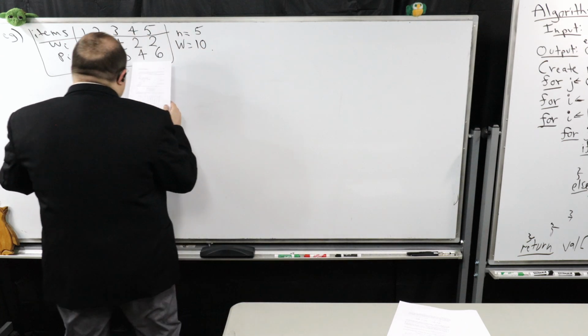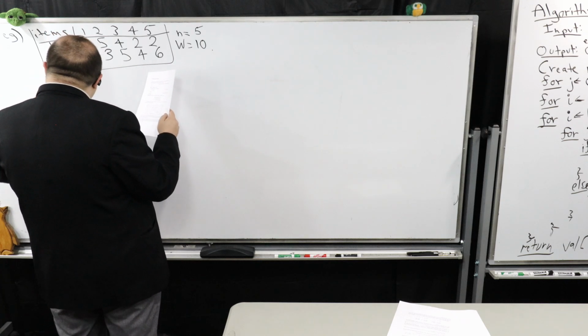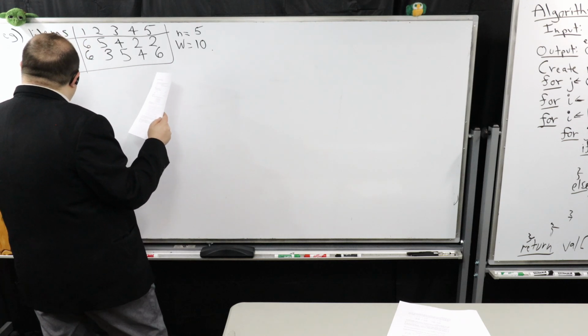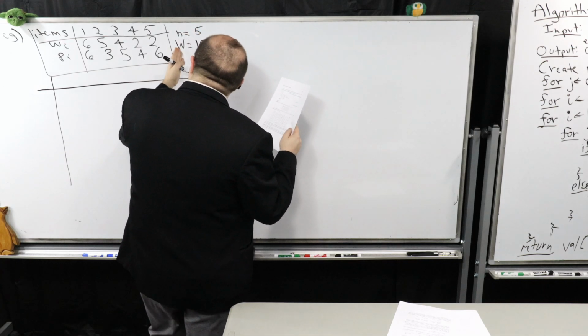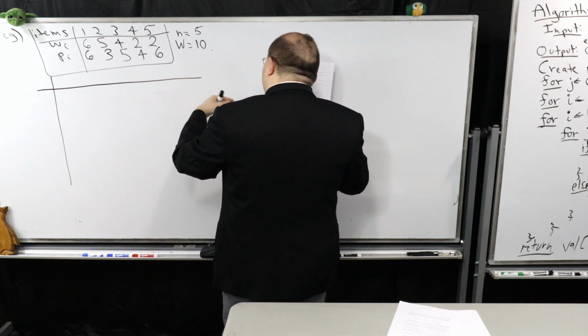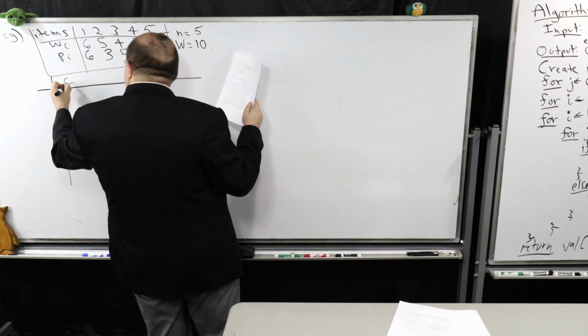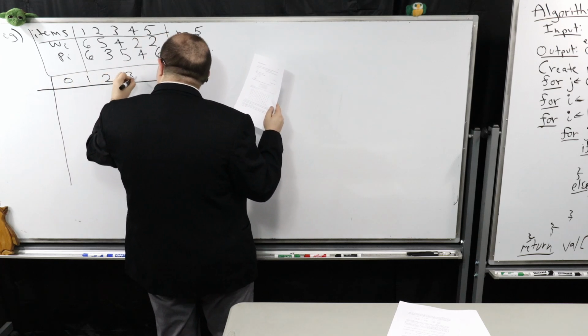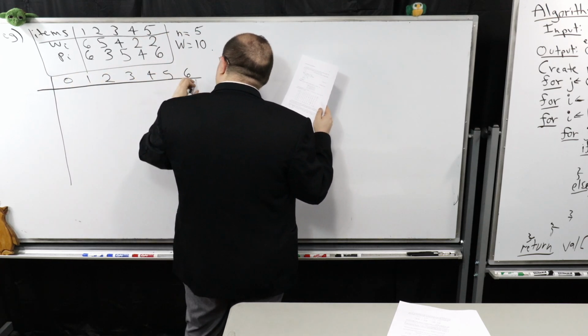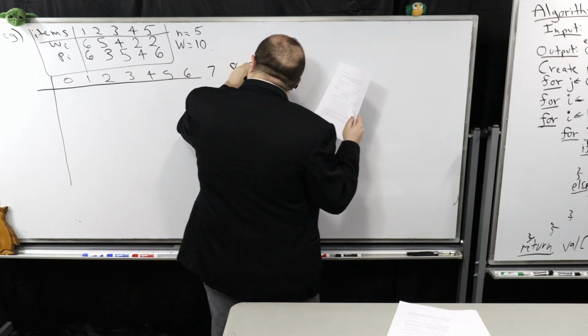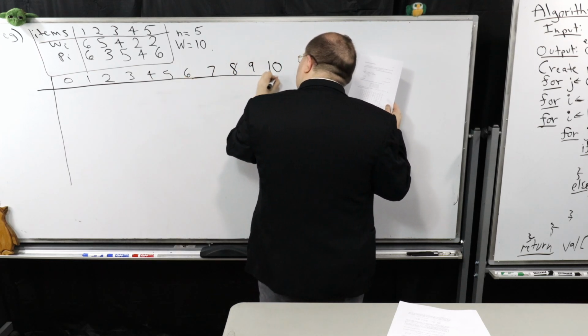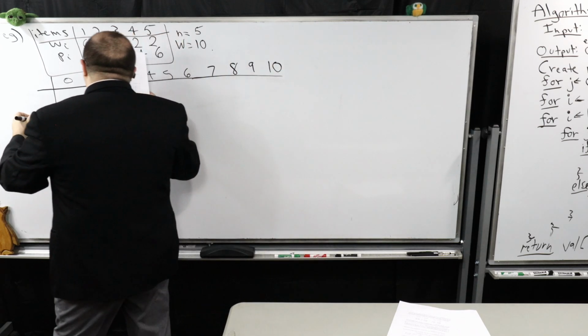So let's build the table. We know the dimensions of this table. Notice that capital W is 10, so you're going to have 11 columns: 1, 2, 3, 4, 5, 6, 7, 8, 9, 10. And how many rows am I going to have?